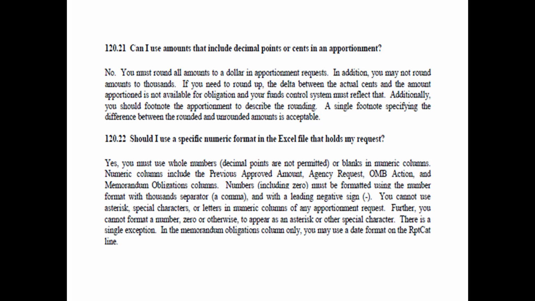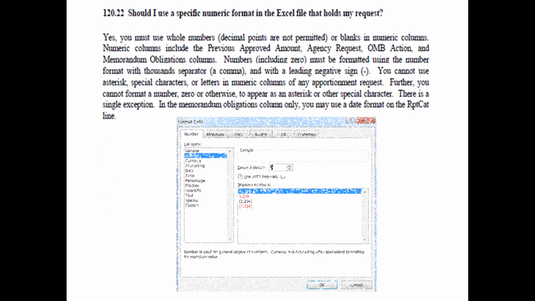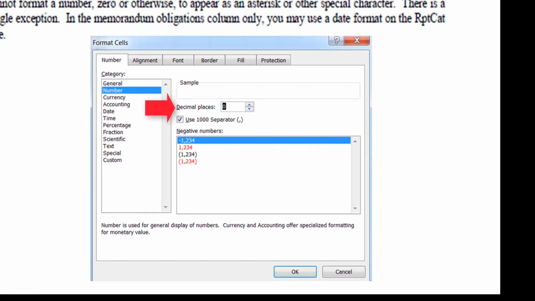Section 120.22 provides the specific numeric format for entries in the numeric columns of the SF-132 Excel file. The numeric columns are the previous approved amount, agency request, OMB action, and memorandum obligations. Use whole numbers with no decimals.